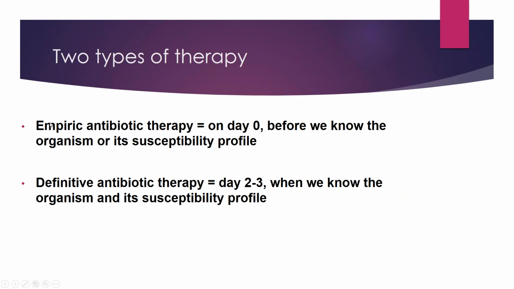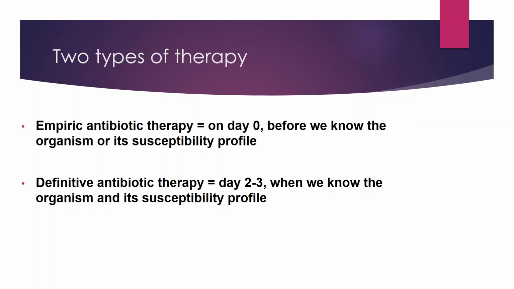And so that is sort of now indicative of two potential decision points that a clinician has to face. The first is the empiric antibiotic therapy choice. So that is on day 0, when that patient is sick, before we know the organism, before we know the susceptibility profile, a doctor has to make a decision about what antibiotic to choose.